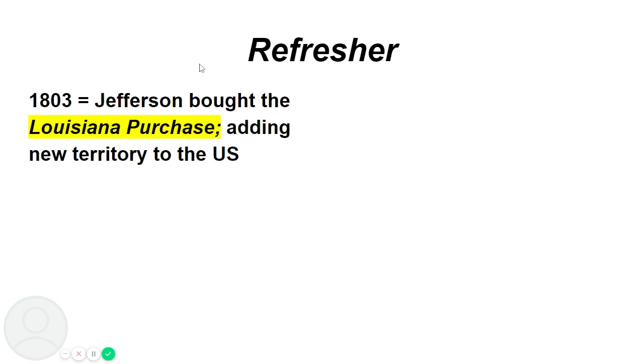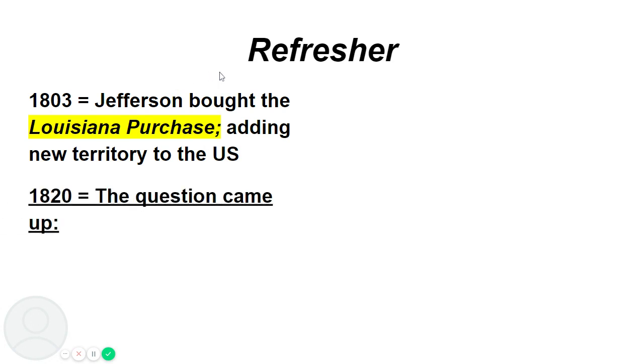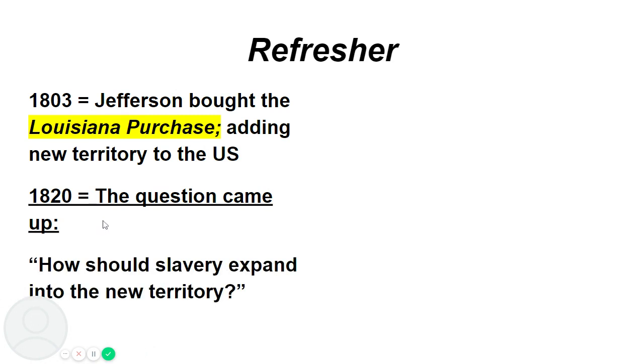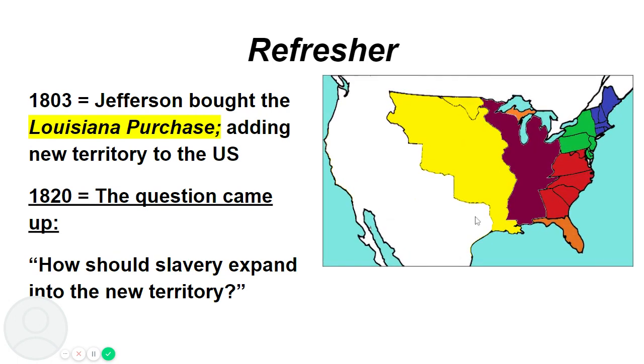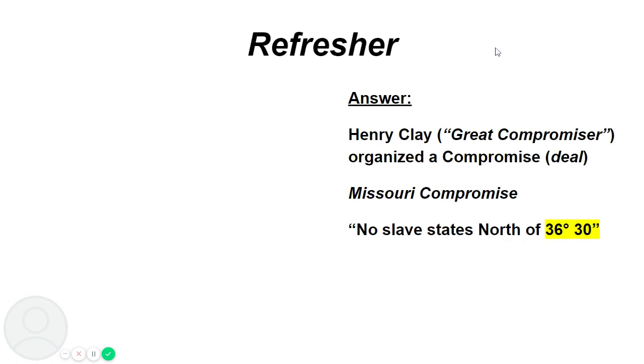So, quick refresher. In 1803, Thomas Jefferson bought the Louisiana Purchase, which added a bunch of new territory to the U.S. In 1820, the question came up, should slavery expand into this new territory? One more time, that's this area right over here, the Louisiana Purchase. So, in 1820, Henry Clay, also known as the Great Compromiser, organized a compromise, which means a deal.